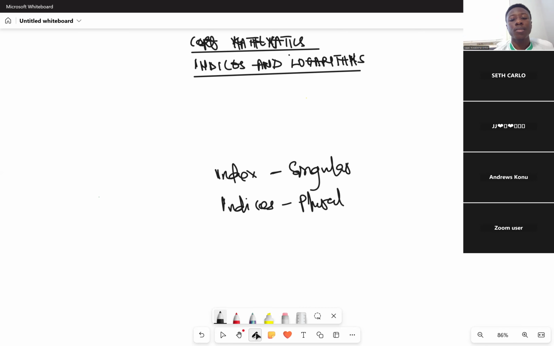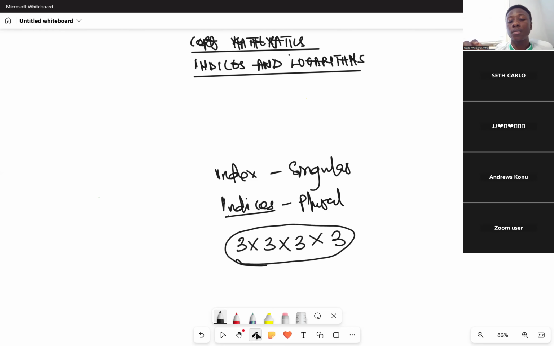Now, what is it? So when you have a series of similar numbers multiplied against one another, example, 3 times 3 times 3 times 3, indices is the simplest way of representing these, right?